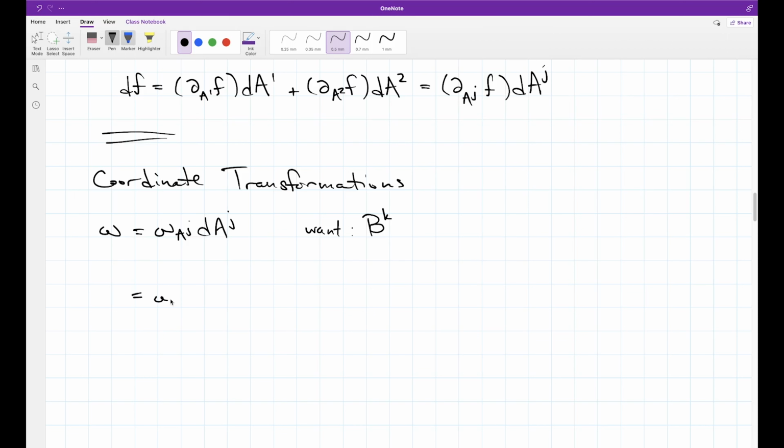So what we're going to do is rewrite this omega sub aj, and then we're going to write da_j, but think of it as a function of b_1 and b_2. Now, because we know how to act by this operator on functions, we can expand this in terms of b_1 and b_2. So this is going to be equal to omega sub aj partial b_k partial a_j db_k. Good.